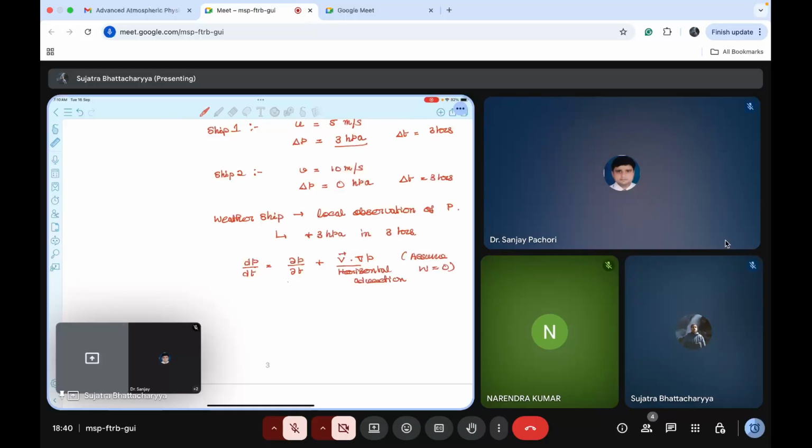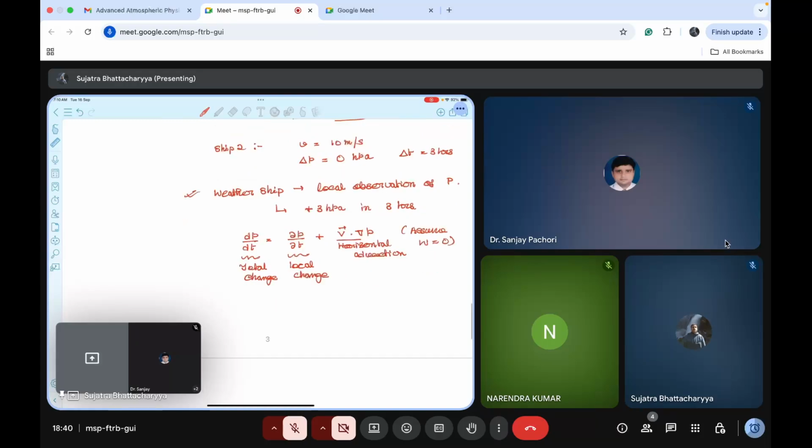Perfect. This is the local change, and this is the total change. Which one will give you the local change of pressure with respect to time? Of course, the weather ship, because the weather ship is stationary at a point and it is taking the observations.